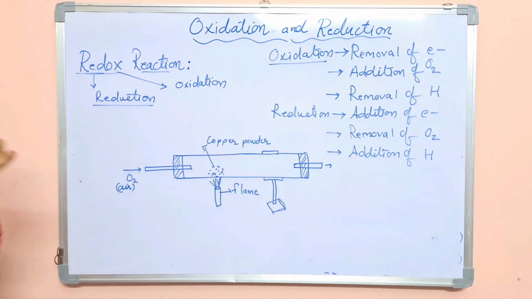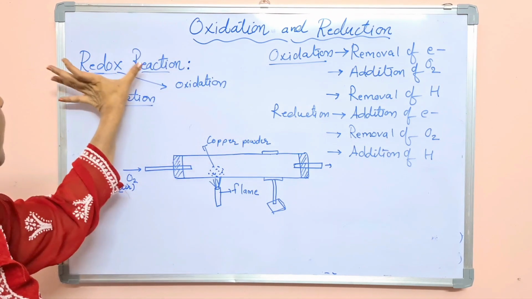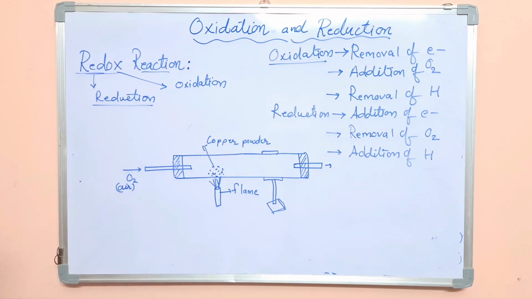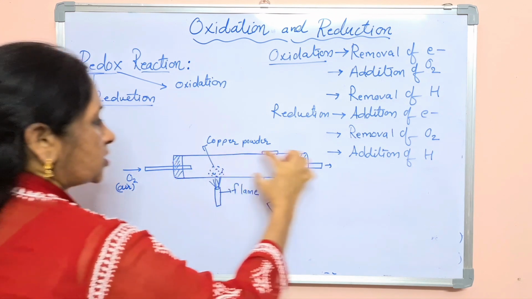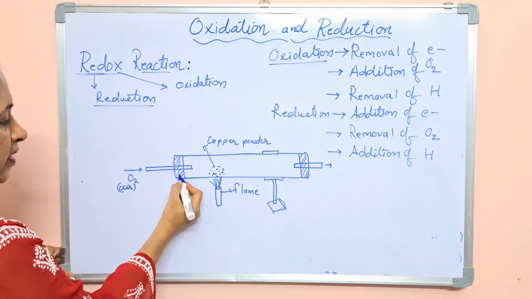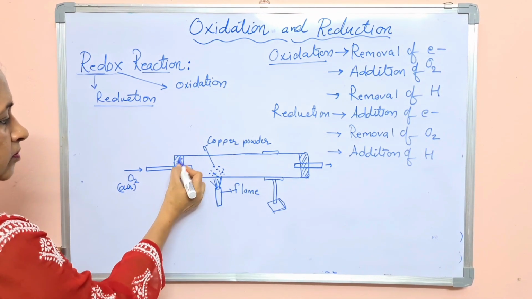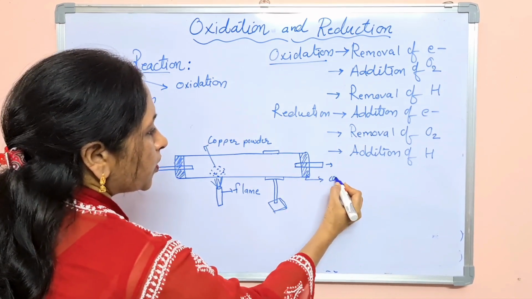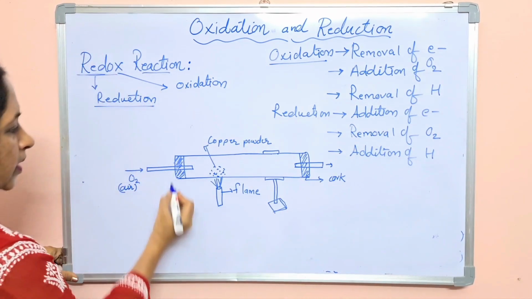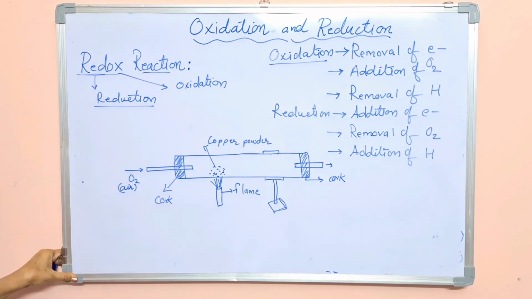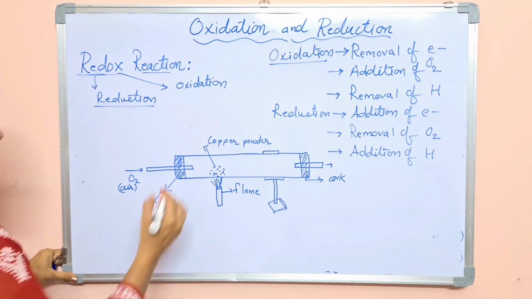So first, this must be clear to all of you, what is oxidation and reduction. Okay, so let me explain this redox term with the help of one experiment. In this experiment, you have to take one glass tube. Both the ends of the glass tube are closed with cork.